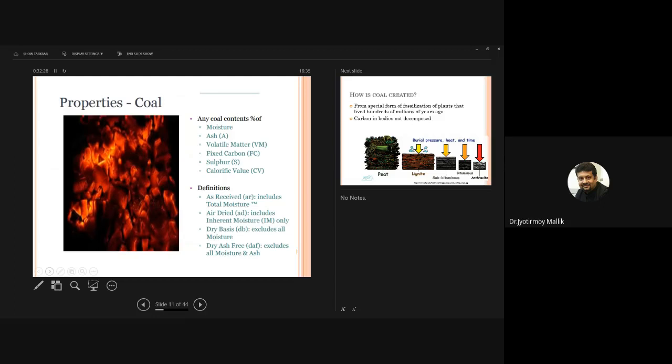Okay, so any coal contains moisture, ash, volatile matter, fixed carbon, and then, in insignificant amount, sulfur. You can also put sulfur into ash, but you can treat sulfur differently. And then of course it has the calorific value. So when you own a coal mine and you want to sell your coal, it will have certain specifications.